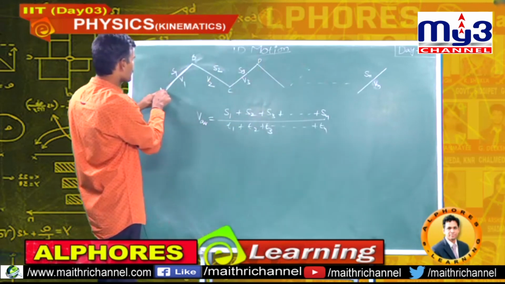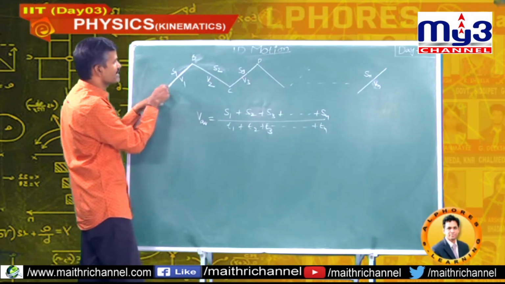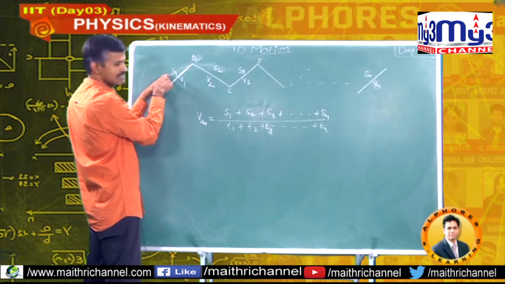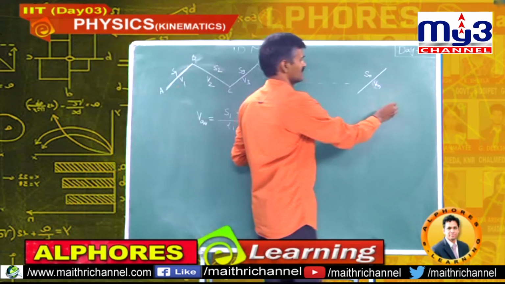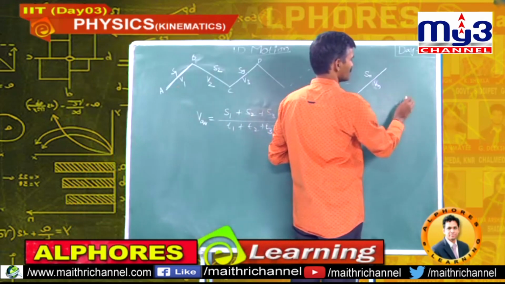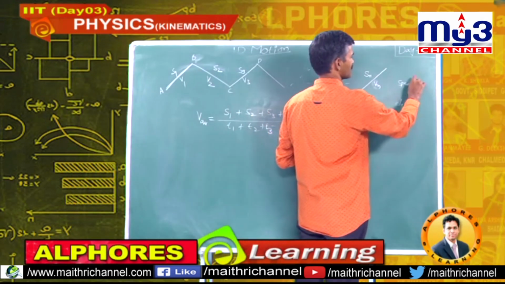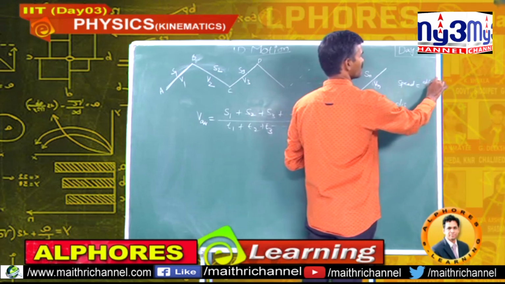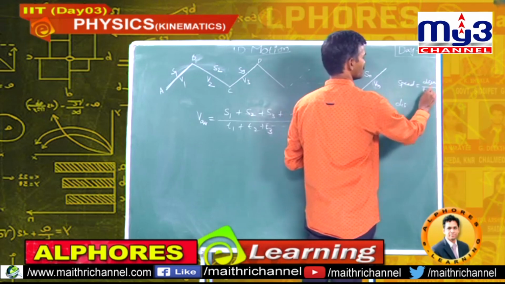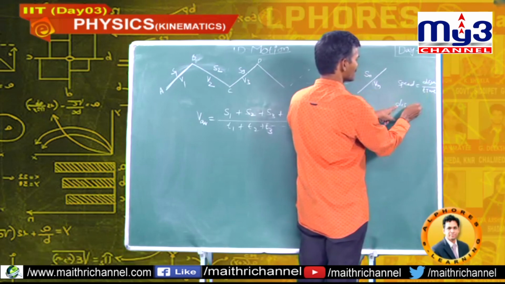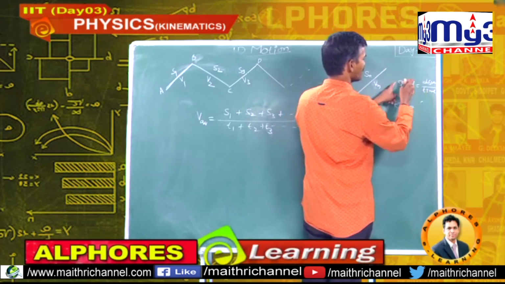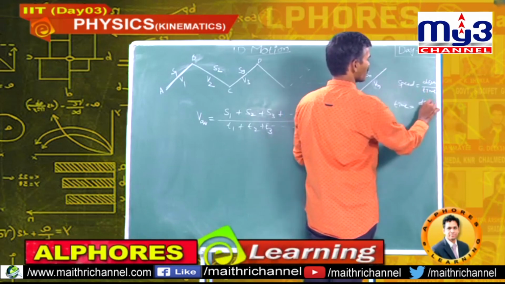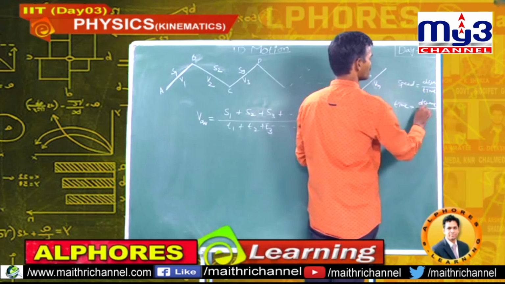For the interval A to B, we know that speed is defined as distance travelled by the body divided by time taken. So time taken by the body is distance travelled divided by speed.